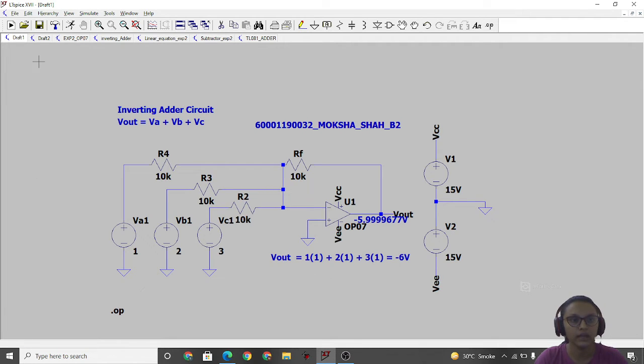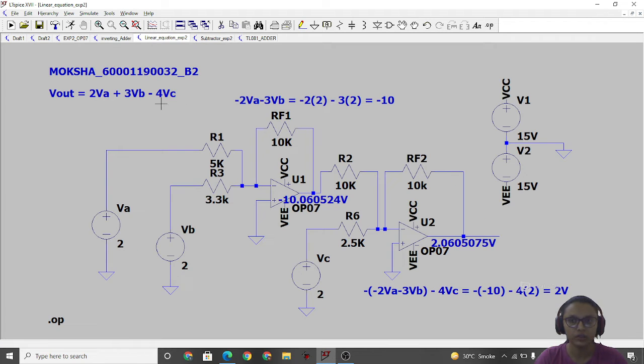Now you will be able to understand the linear equation. If you are given the equation 2VA plus 3VB minus 4VC, since there are 3 variables, take 2 op-amps. If there are 4, take 3 op-amps, just one minus 1 of it. VA and VB will be given to the first op-amp and VC to the second op-amp.